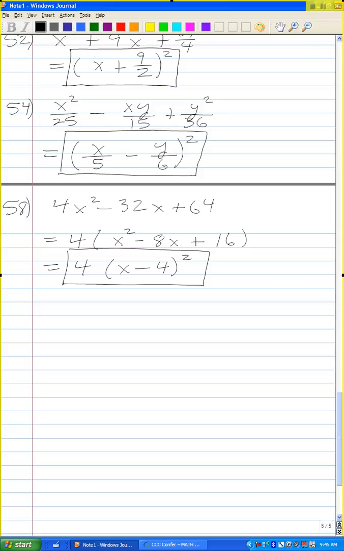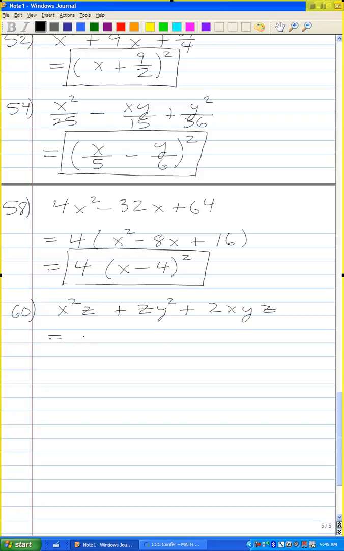Let me do problem number 60. x squared z plus y squared z plus 2xyz.